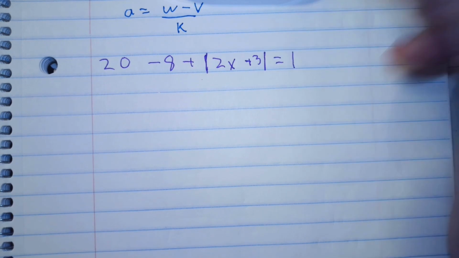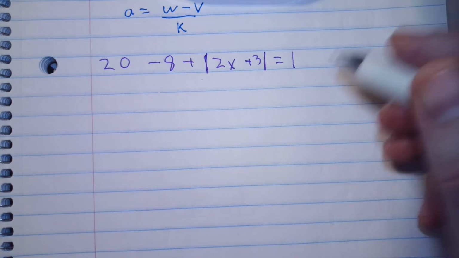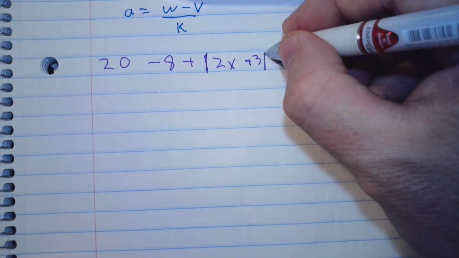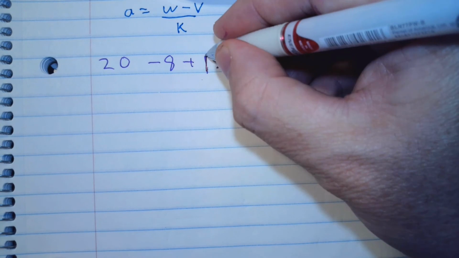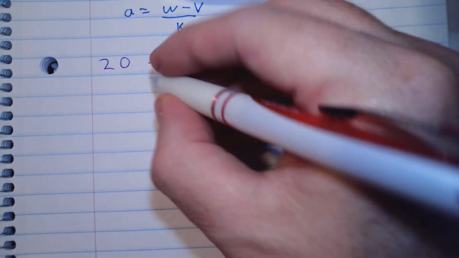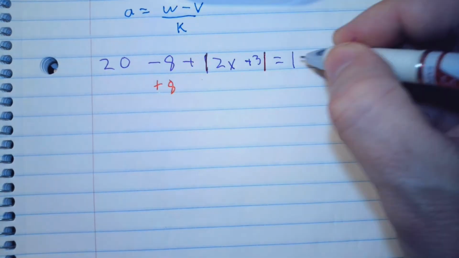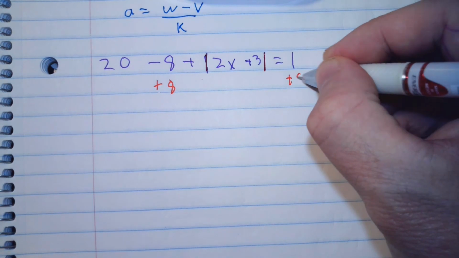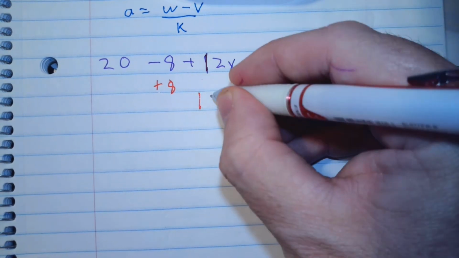So there's basically a right distance and a left distance. What we do, just to remind you how this works, is we want to get the absolute value all by itself first. This is outside, so I'm going to make it go away. So then I'm going to rewrite this.